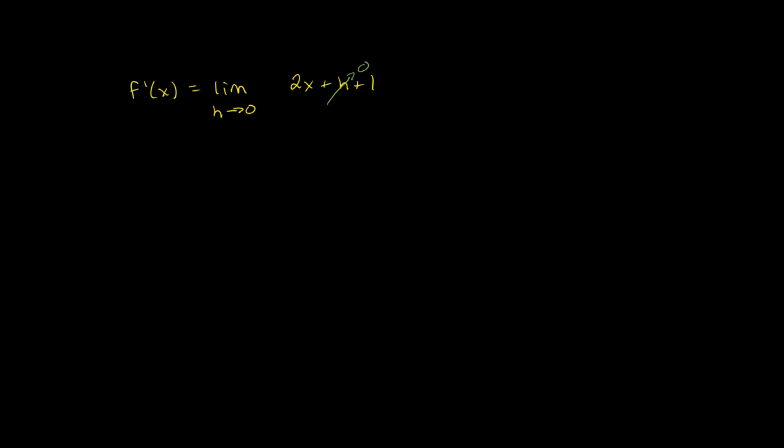This is how we indicate, when you take the limit, that it goes somewhere: you can cross it out with an arrow and then write 0, indicating that this is becoming 0 when we take the limit. And so when we take the limit, h is gone, and our answer is 2x plus 1. And that is the derivative. So that is an equation that will allow us to find the slope at any point on that parabola.